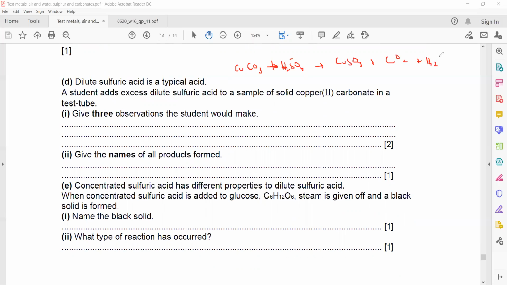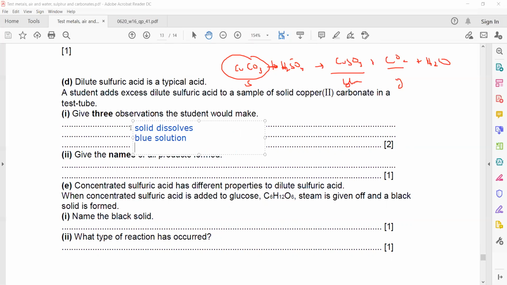Copper sulfate is formed, so the blue solution will be there. Carbon dioxide is given off as bubbles or gas. We have to mention 3 observations. The copper carbonate is solid, so the solid dissolves, a blue solution forms, and there are bubbles.